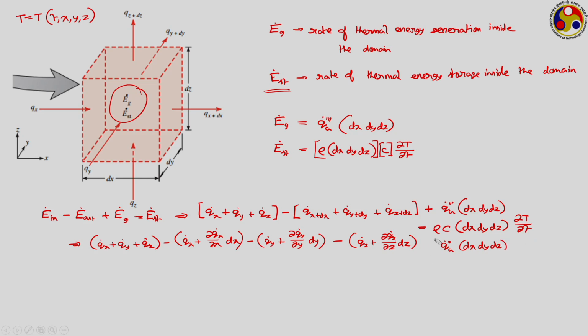Sorry, this should be plus sign, this is equal to rho into C into dx dy dz into dou T dou t.